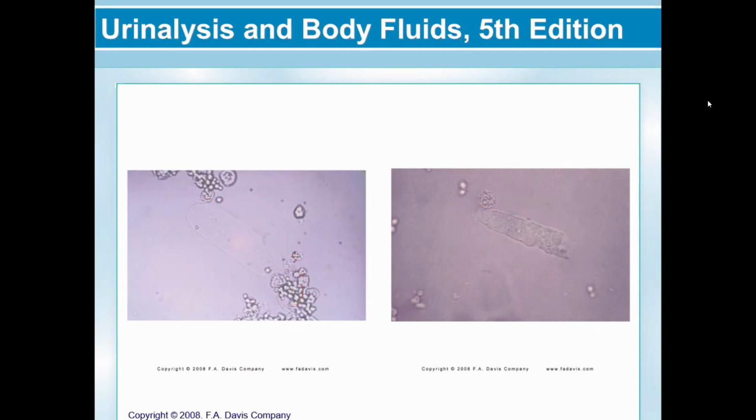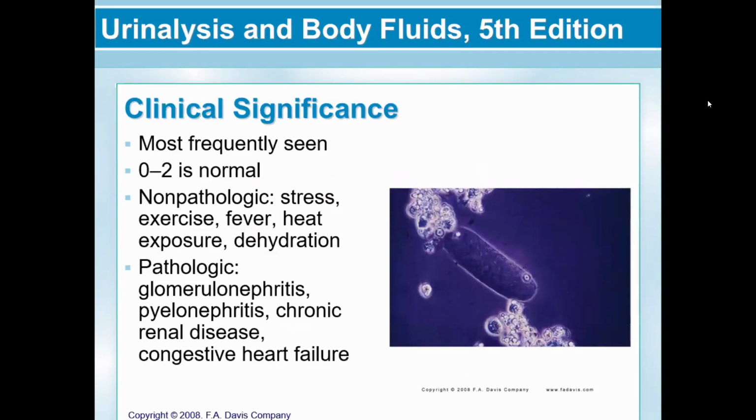So, ulitin ko, pwedeng non-pathologic yung reason bakit nandyan siya. Like, for example, in strenuous exercise, okay? So, clinical significance, presence of these in 0 to 2 is still normal. So, example of non-pathologic causes, we have stress, exercise, fever, heat exposure, and dehydration. For pathologic causes, anong example natin?